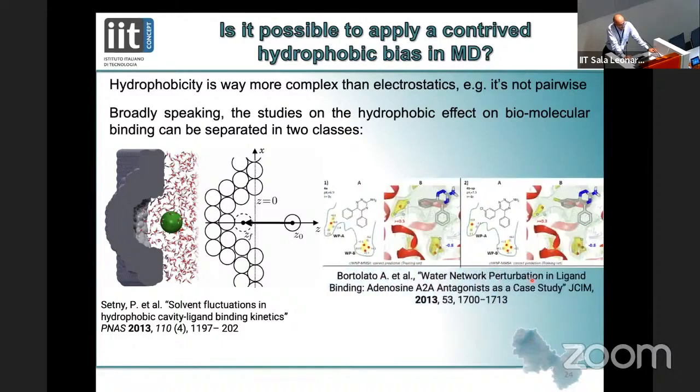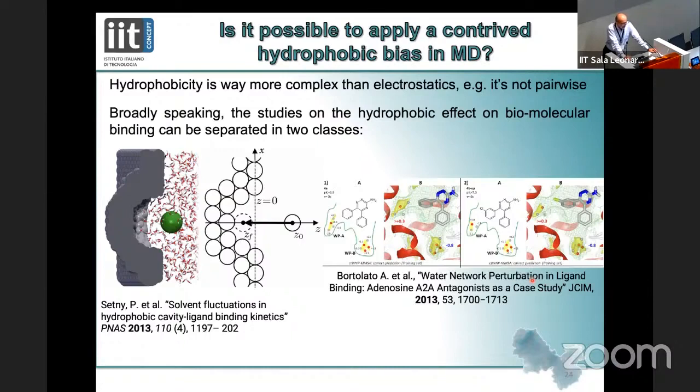And then there are the more chemically inspired ones, where they look at the full atomic detail, and they consider the energy and the propensity of water molecules to get stuck in some binding site, for example, and see how convenient it can be for a ligand to displace a water molecule or not.